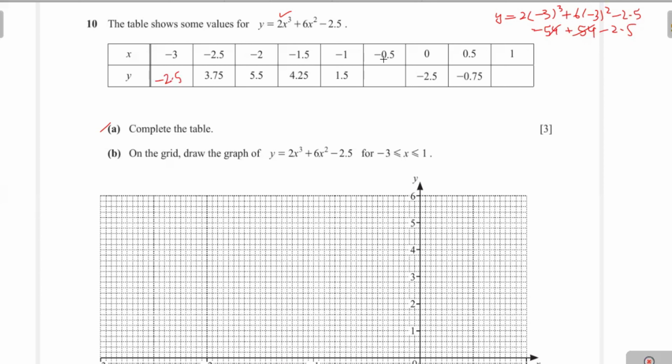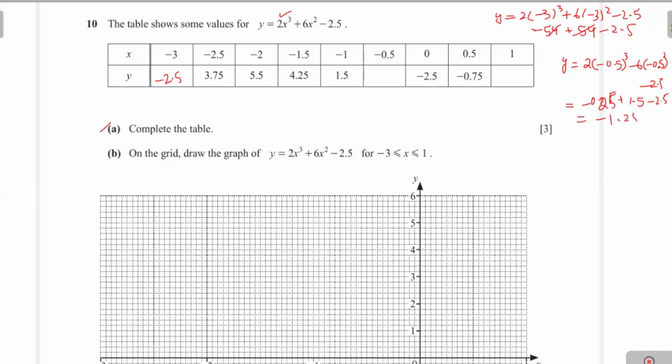Next the value of x is minus 0.5. We substitute minus 0.5 in place of x. We write 2 into (minus 0.5) cubed plus 6 into (minus 0.5) squared minus 2.5. This will be equal to minus 0.25 plus 1.5 minus 2.5, and this will be equal to minus 1.25.